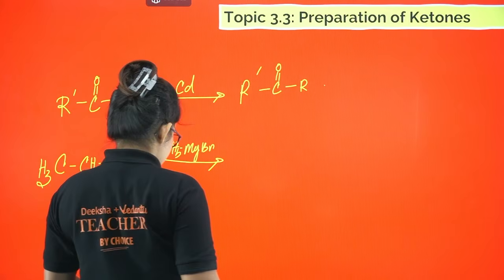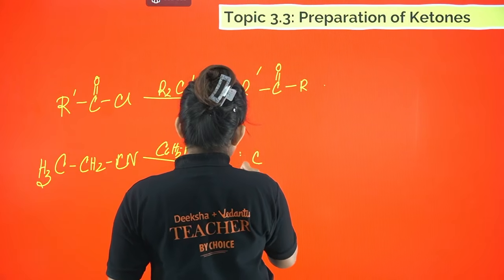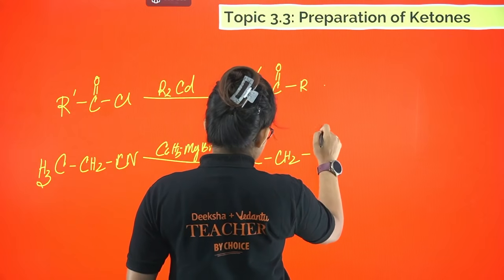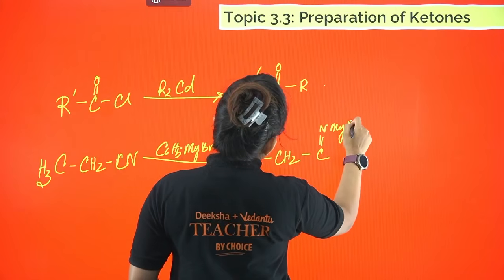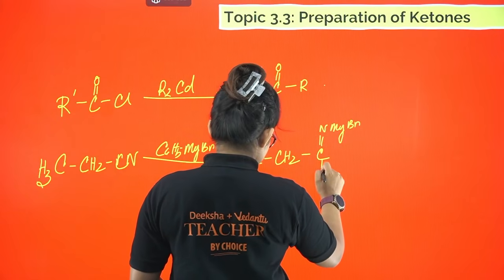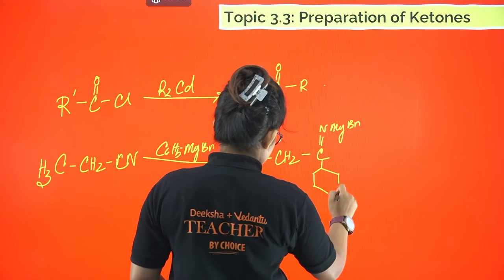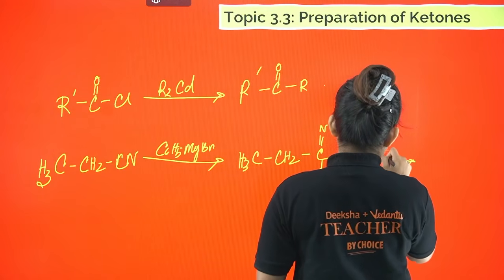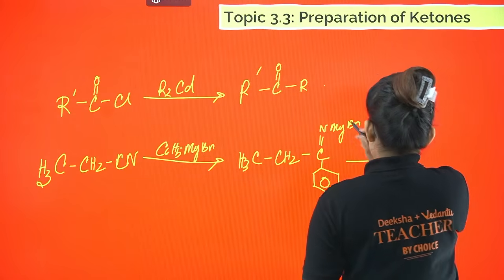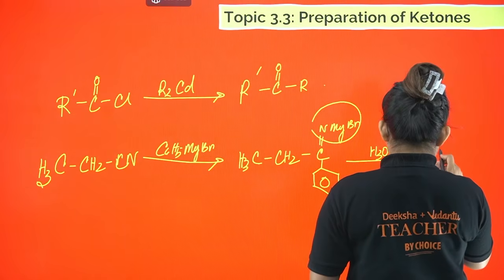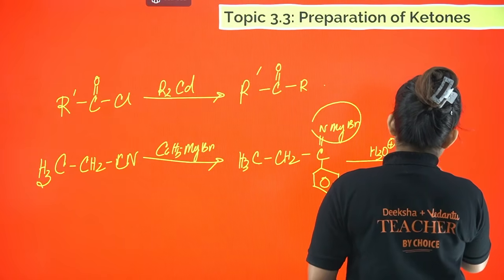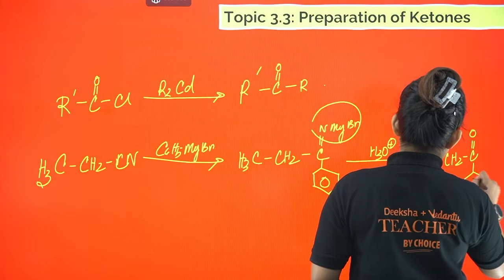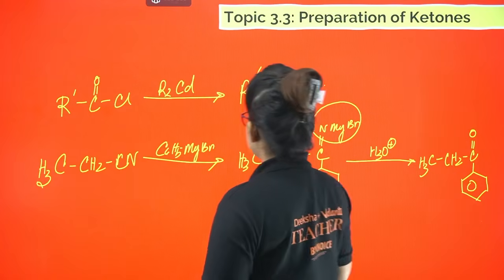Definitely here you will end up with CH3CH2C double bond NMgBr, and here you will get a benzene ring. Further you give H3O plus. So this entire thing will be gone, you will get one oxygen there. So CH3CH2C double bond O with one benzene ring. So this is one ketone as well.